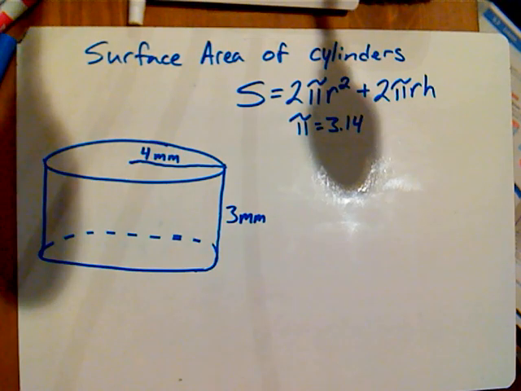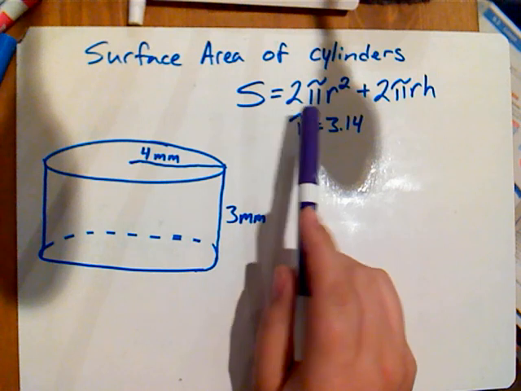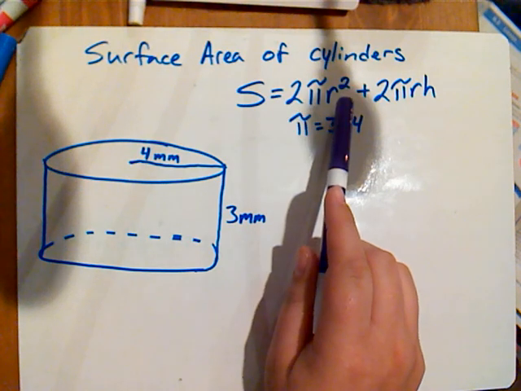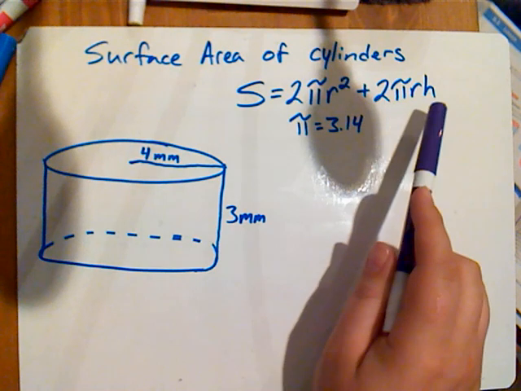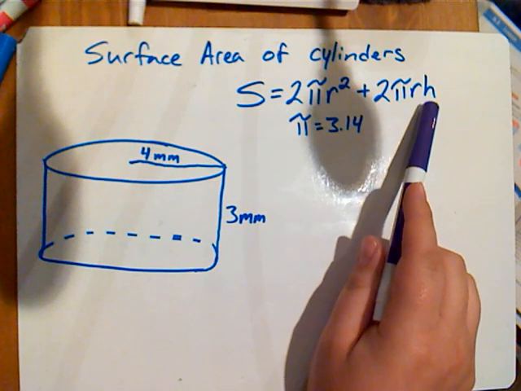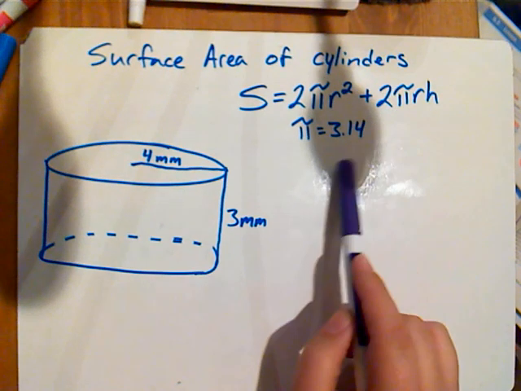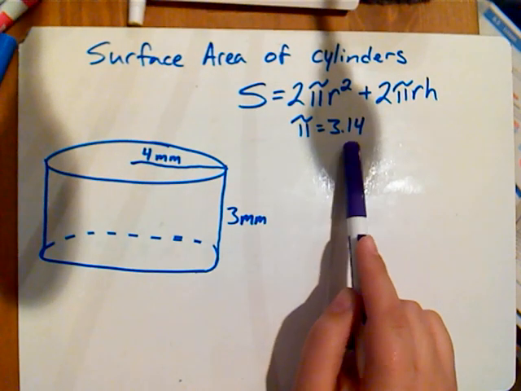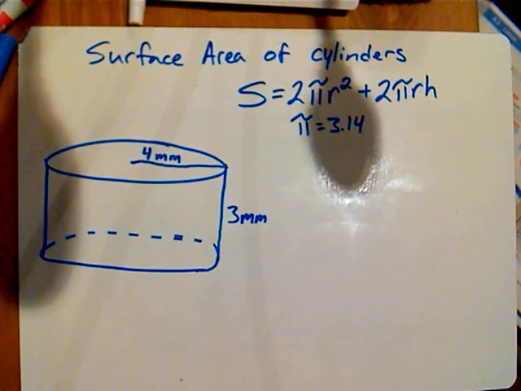So our equation for cylinders is the surface area equals 2 pi r squared plus 2 pi r h. Remember, h is the height, r is our radius, and remember that pi equals 3.14, okay? So 3.14 is what you're going to use to calculate that.